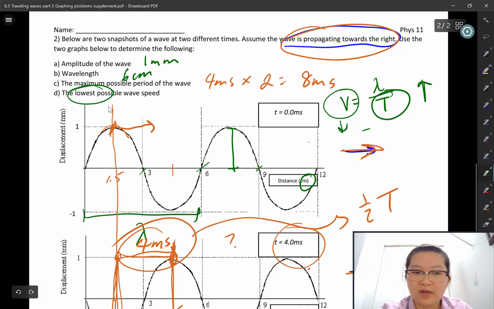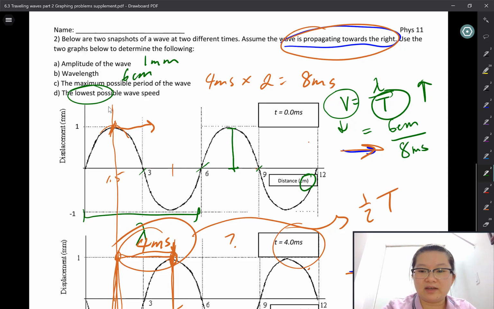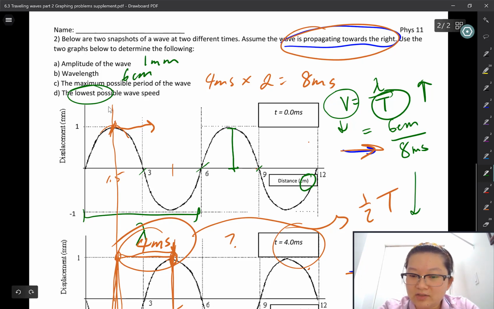So what we did in C, we're totally going to be able to use for question D. Our wavelength we know is 6 centimeters. Our period is 8 milliseconds. We just have to make sure that after we calculate this, we leave it in meters per second. So the easiest way is to convert 6 centimeters to meters, 0.06, and the 8 milliseconds is going to be 0.008 seconds.